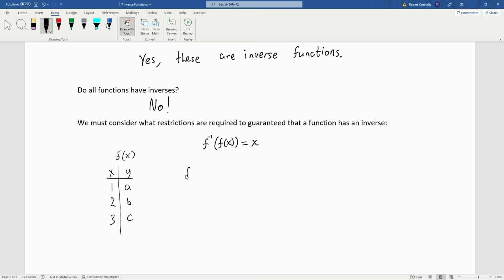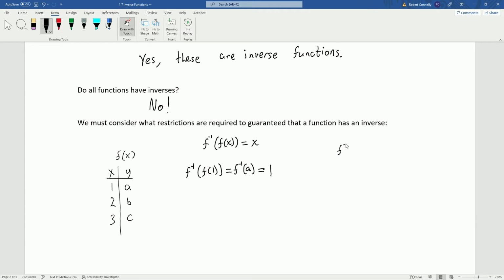So that means that f inverse of f of 1 should be equal to 1, right? So what does that tell me? Well, f inverse of f of 1 should be 1, but f of 1 is a, so this is the same thing as saying f inverse of a equals 1.